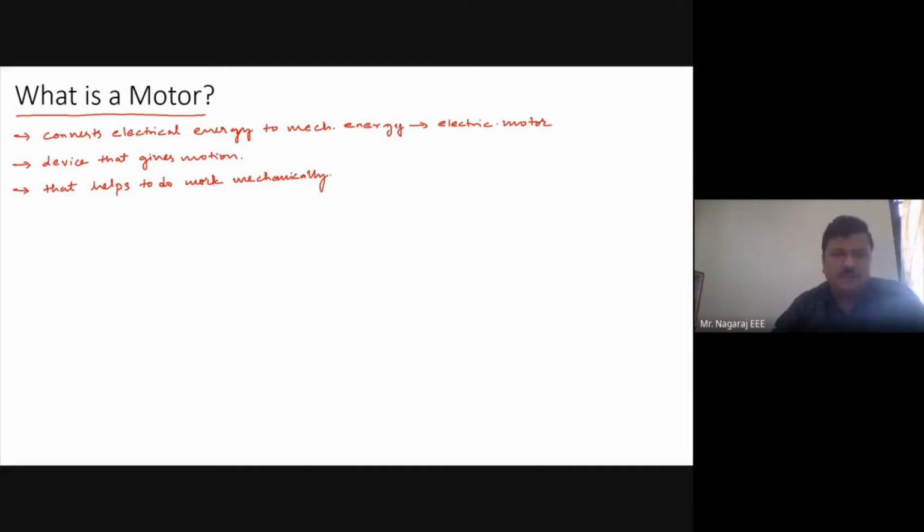Why? Because the cycle was invented first, an easy means of transportation which we were pedaling manually. Now the same work was done by fitting a device that is giving the motion, so that we called it a motor.